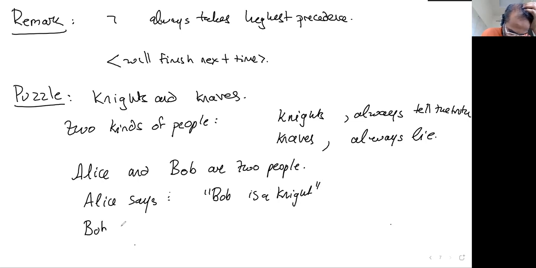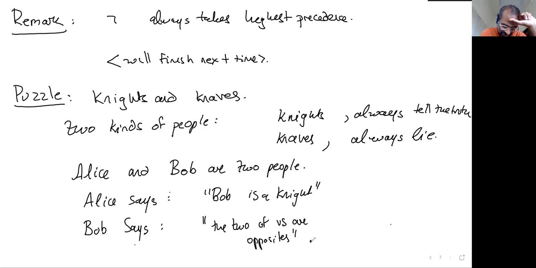And Bob says, the two of us are opposites. So one of us is a knight and the other one is a knave. The question is, can you figure out who's a knight and who's a knave?